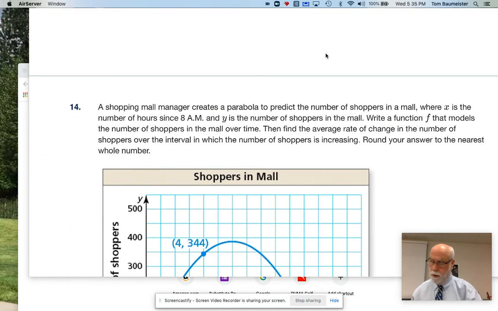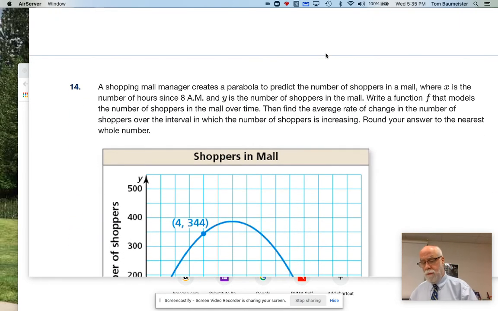Let's see, the next one here is a shopping mall. Manager creates a parabola to predict the number of shoppers in a mall where x is the number of hours since 8 a.m. and y is the number of shoppers in the mall. Write a function f that models the number of shoppers in the mall over time.